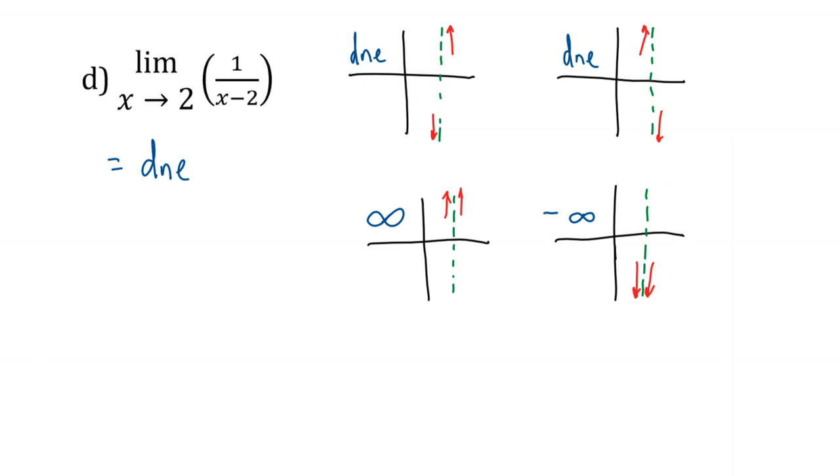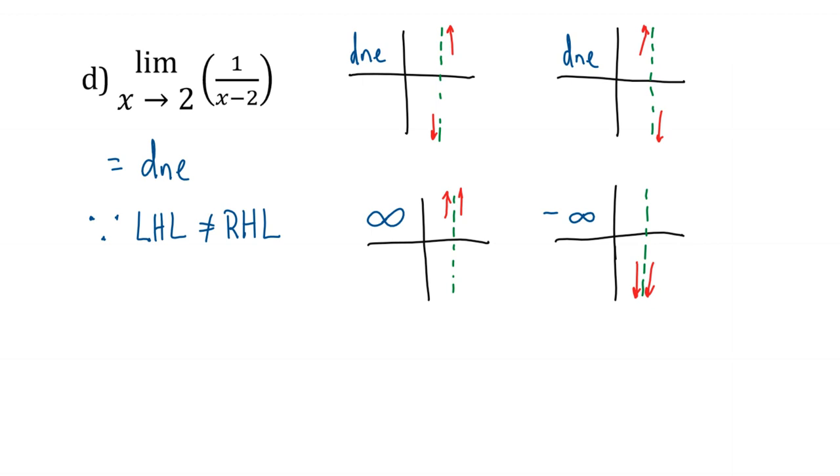I'm also going to state in this case, it is since the left-hand limit does not equal the right-hand limit. So this is a bit of a different situation. It doesn't come up too much, but this is how we're going to handle this situation for us in this course.